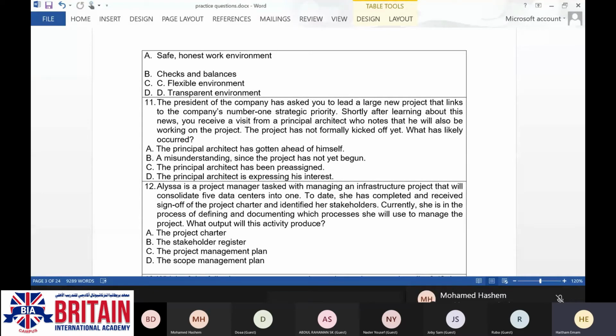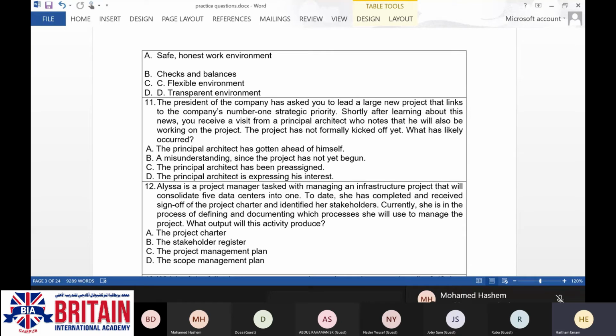I'm good. By the way, I am assigned with you in this project. How come we haven't even made the kickoff for this project? The question is asking why that guy is claiming that he's going to work with you in this project.